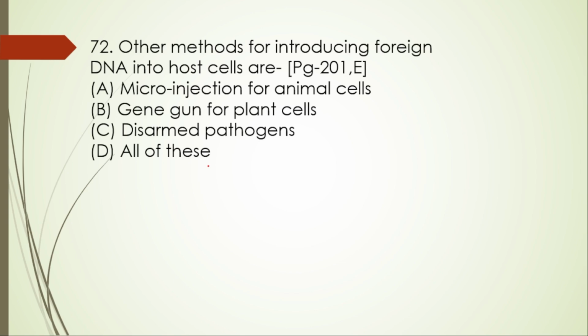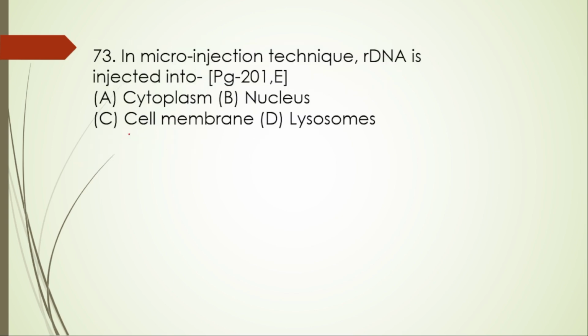72. Other methods for introducing foreign DNA into the host cell are microinjection for animal cells, right. Gene gun for plant cells, right. Disarmed pathogens, right. So all of this is right. Next question, 73rd question.